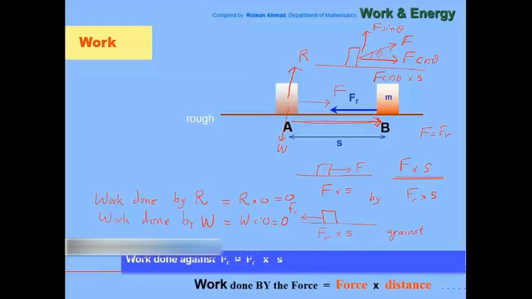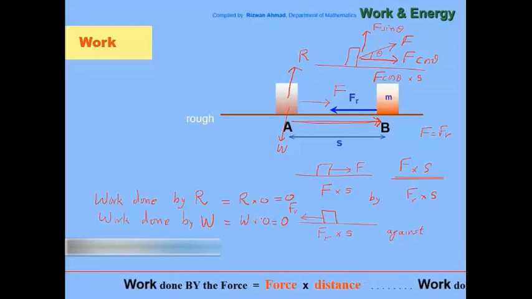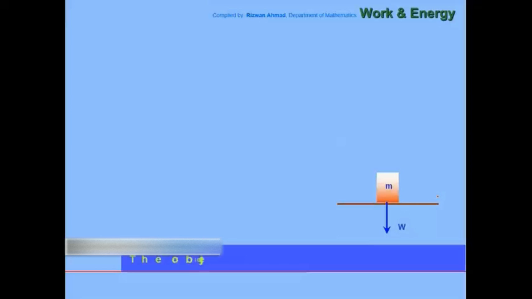Okay, so now the next part is, this is an object placed on this surface and we know that the weight of the object is acting vertically down. So this object is brought from this point to some point vertically up.